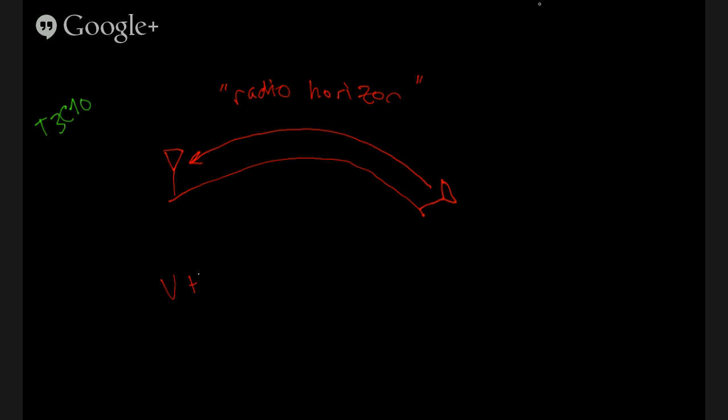On VHF, UHF, they are line of sight because they get blocked by the curvature of the Earth.